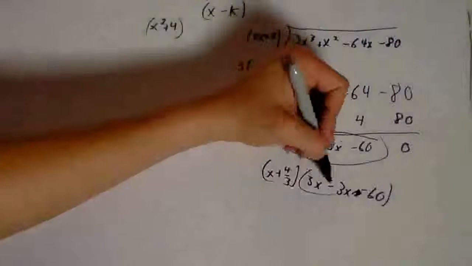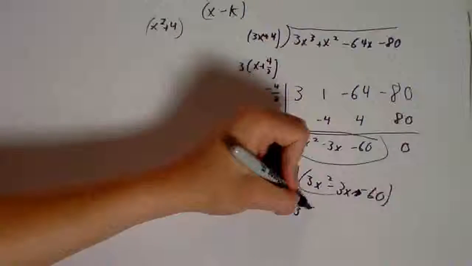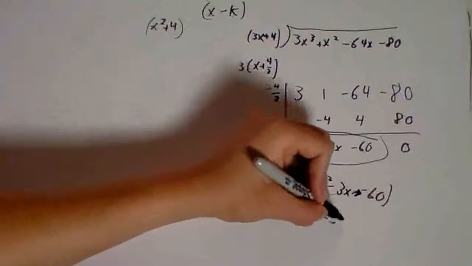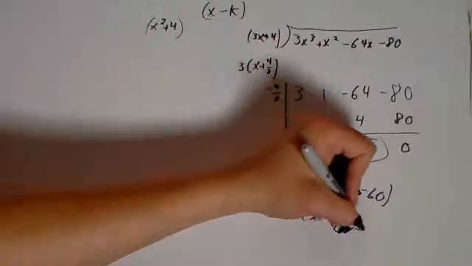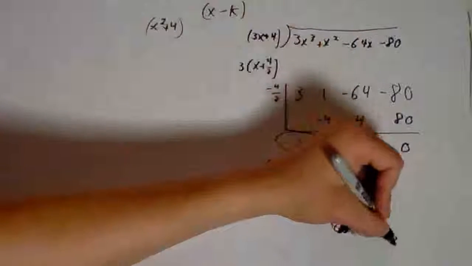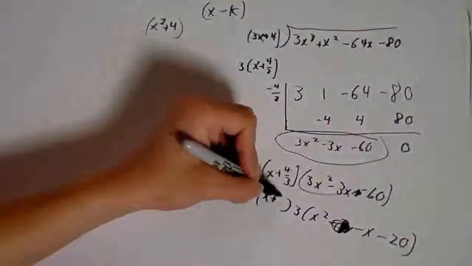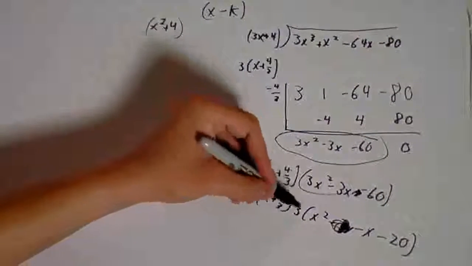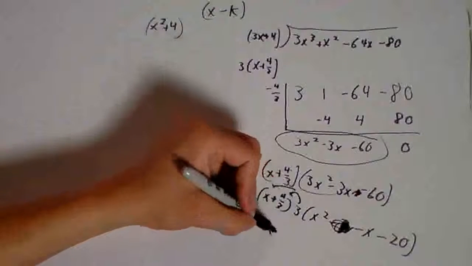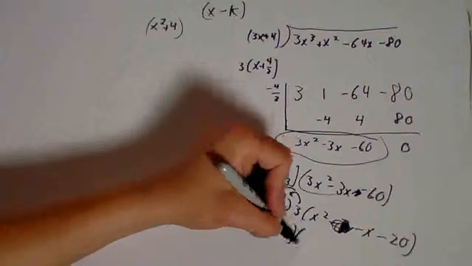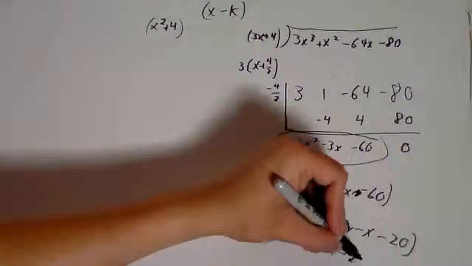See, look, 3 is factored into all of these, and we can rewrite that as 3 times x squared minus x minus 20, and then this 3 is free to be multiplied into this binomial to give us 3x plus 4. So our final answer would be 3x plus 4 times x squared minus x minus 20.